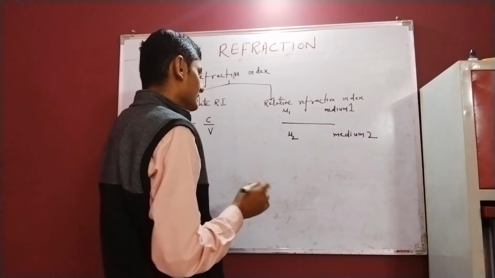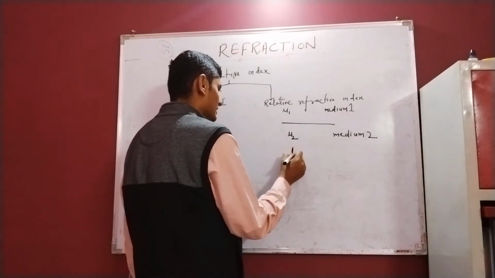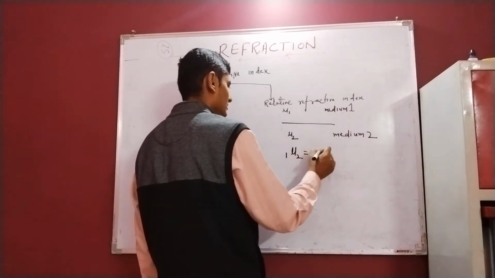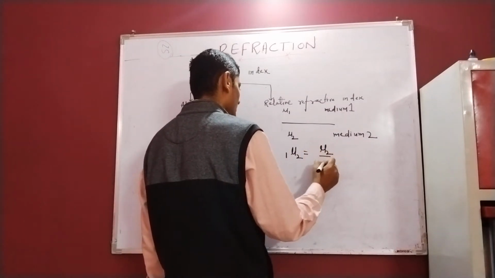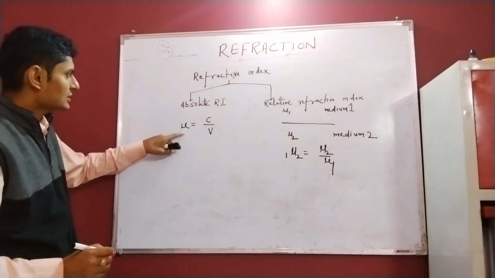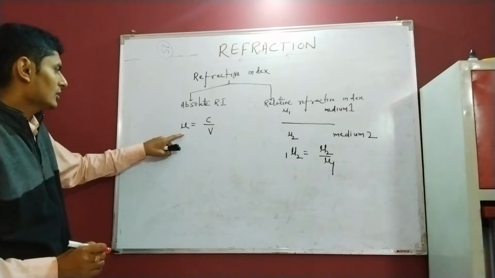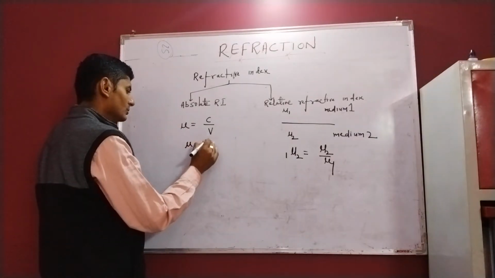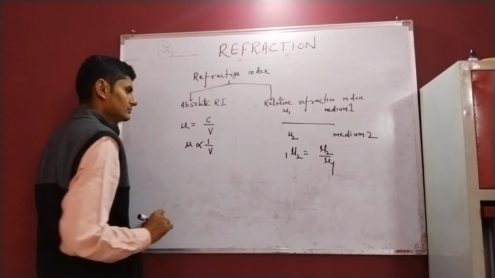So the relative refractive index of medium 2 with respect to 1 is written like this, and it is mu2 upon mu1. In absolute refractive index, we observe that mu is inversely proportional to V.